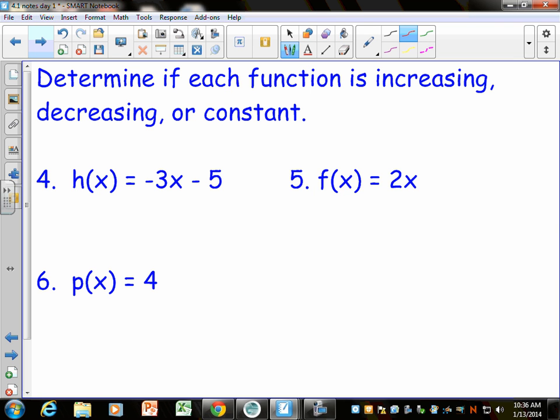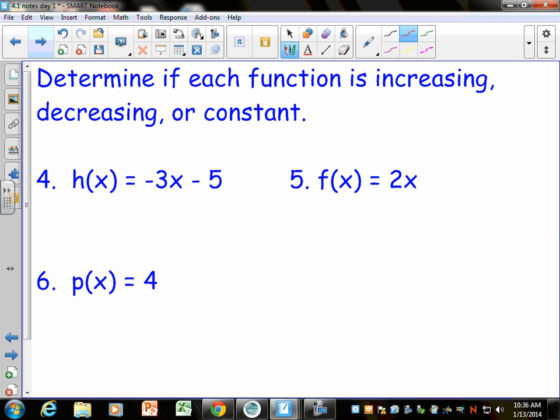Determine if each function is increasing, decreasing, or constant. You don't have to graph it. All you have to know is look at the slope, right? So what do you think about number 4?